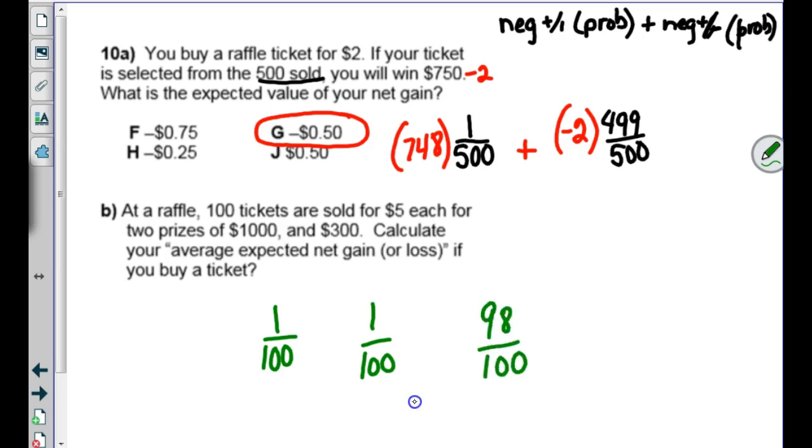Did I do that right? Okay. All the losing tickets, all those people lost $5 each, right? But what did the winners actually net? 1,000, but they had to buy a ticket.